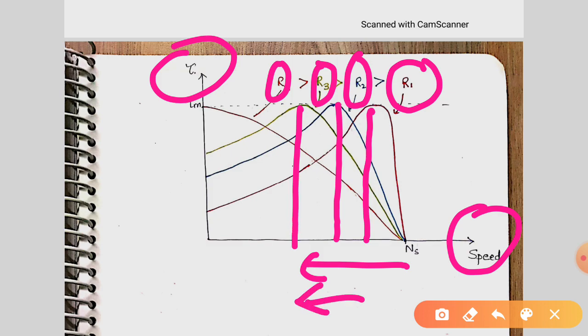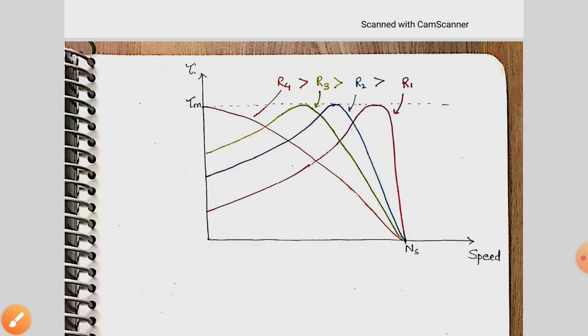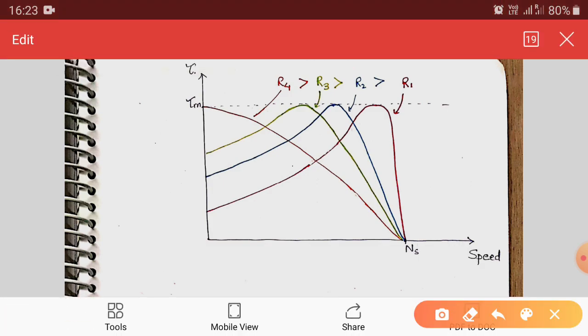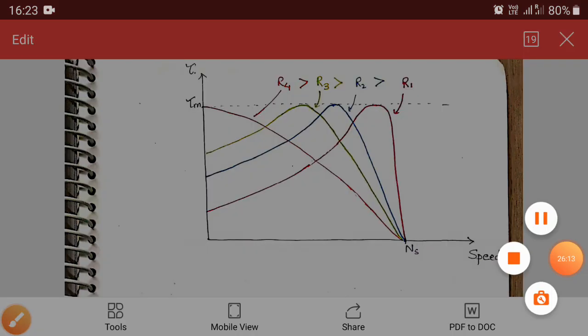On this side, slip is increasing. Whereas the value of this maximum torque remains the same, because it is not dependent on the rotor circuit resistance.